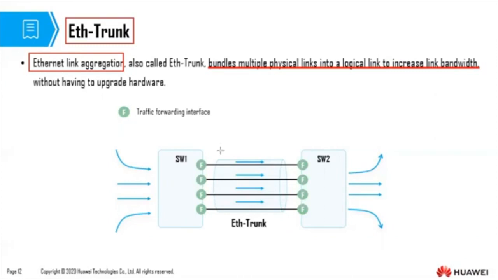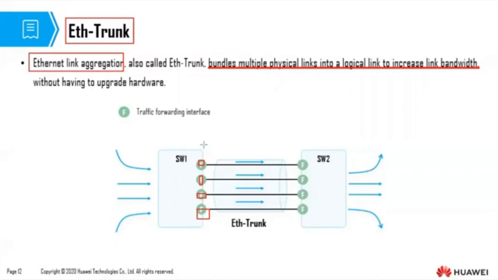So these interfaces are 1 gigabit Ethernet interfaces, each one of them. So this one 1 gig, this 1 gig, this 1 gig, this 1 gig. Now, if we bundle up these interfaces together to form an Ethernet trunk, then the sum of the individual bandwidths is going to be the bandwidth of this logical interface.